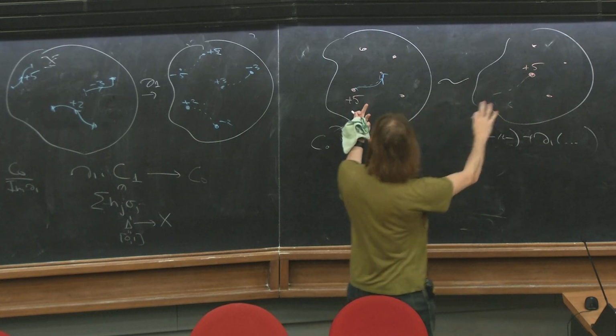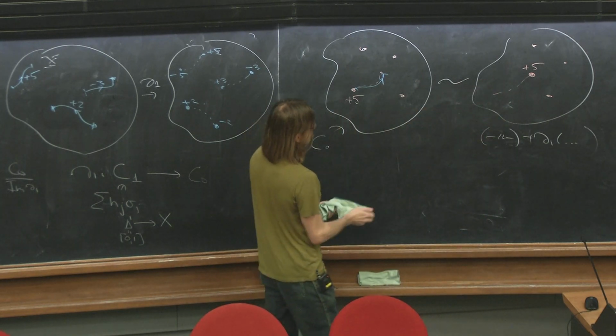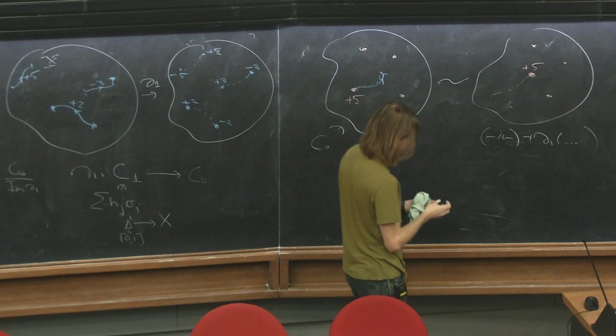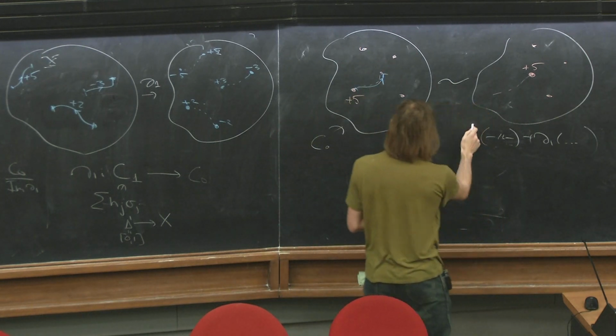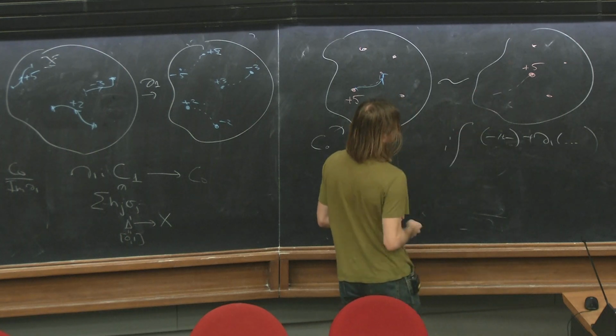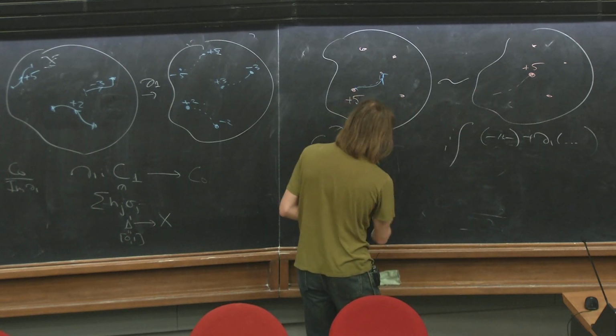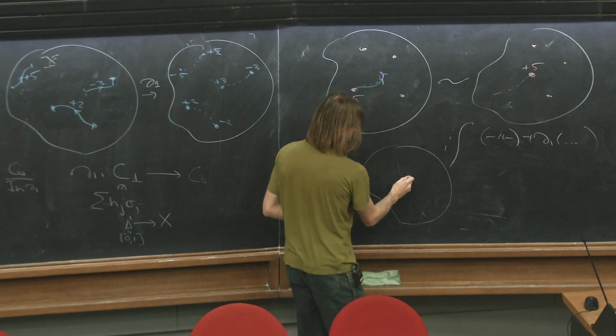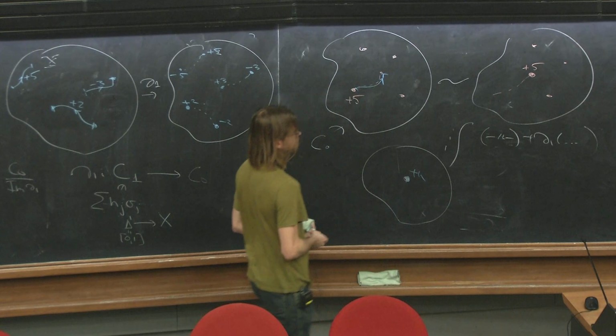So if I have a path connected component, this means I can freely move these weighted points around. And of course, by doing this procedure, you can always bring all points to just one point, some particular m, right?